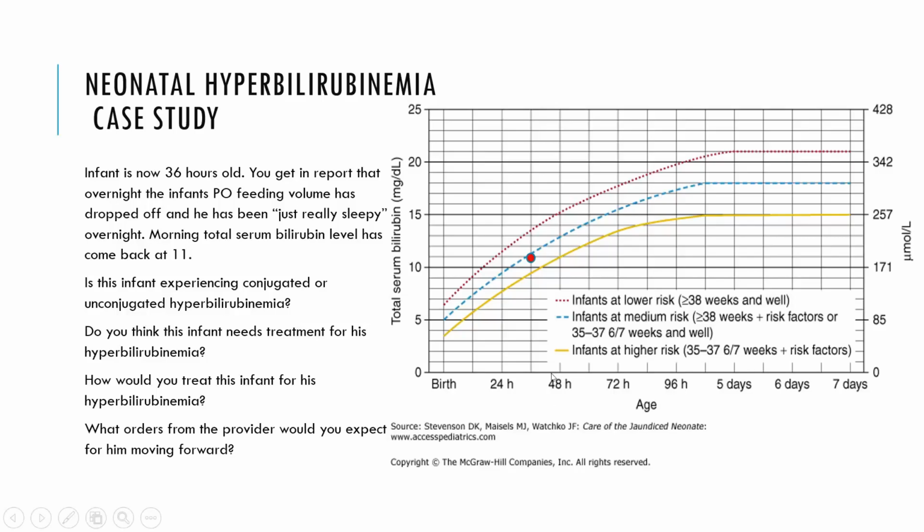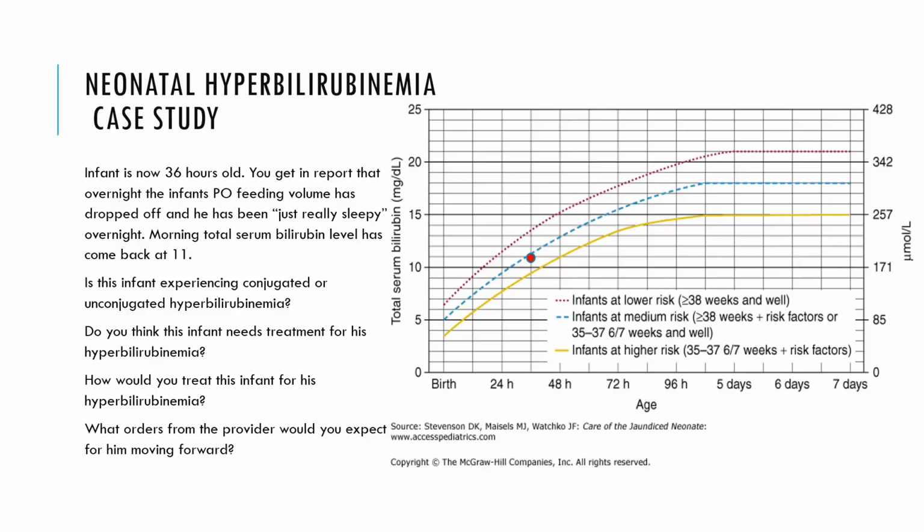Okay, yeah, we should treat this baby because he's got some risk factors. Let's say he's well appearing. We're still right there. I would treat him. It went from 3.8 to 11, so I think he deserves at least a Billy blanket.